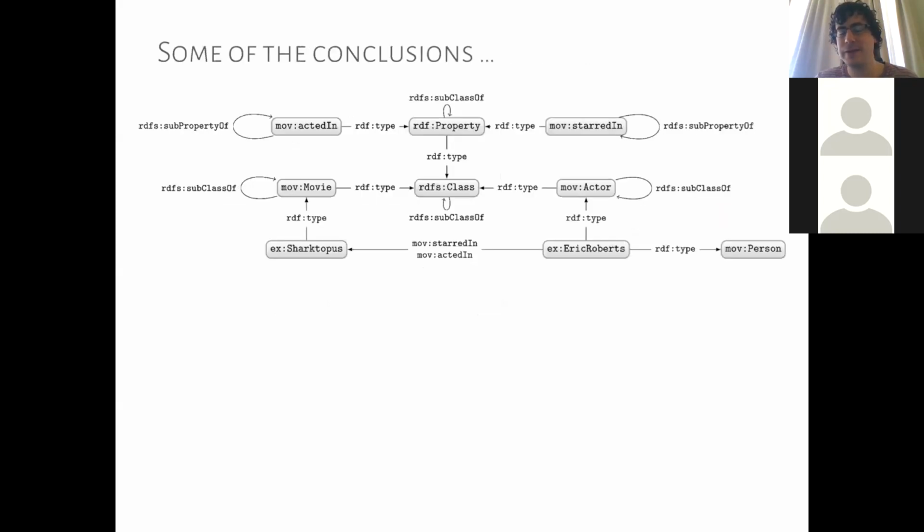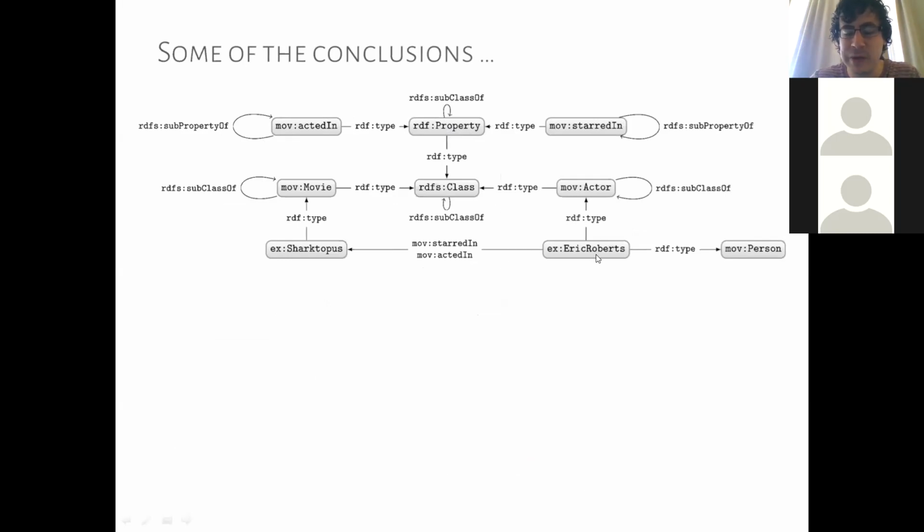So if we bring it to the ultimate conclusion of all the things that we can derive using deductive reasoning over these definitions, we have all of this. Acted in is a subproperty of acted in. Acted in is a type property. A property is a subclass of property. Okay, property is the class of all properties, and so forth. So we have all of these semi-trivial conclusions that we can derive.